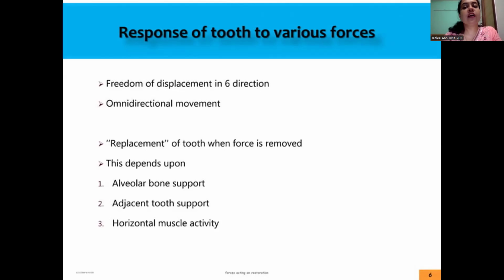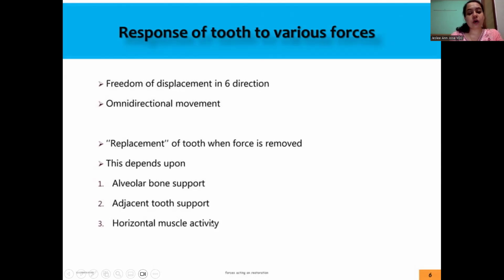And again, the movement or the freedom of displacement depends on how well it is attached to the alveolar bone or the socket, how well it is supported by the adjacent tooth, and also on the muscular activity of the person or the patient.